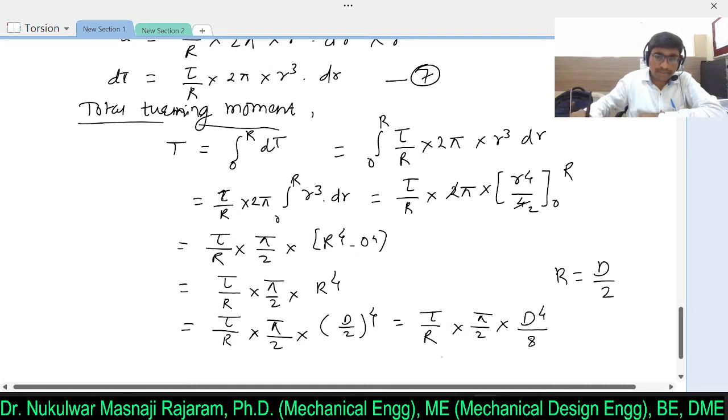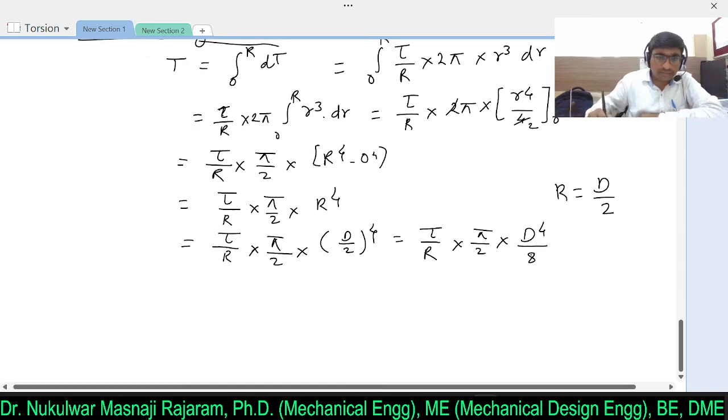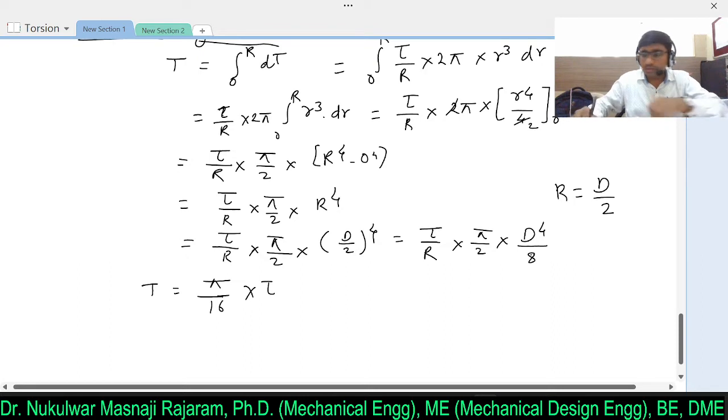This will be 16. Then the total torque or maximum torque transmitted T will be equal to pi by 2 into 16 into tau. So wait, this is 2 raised to 4.